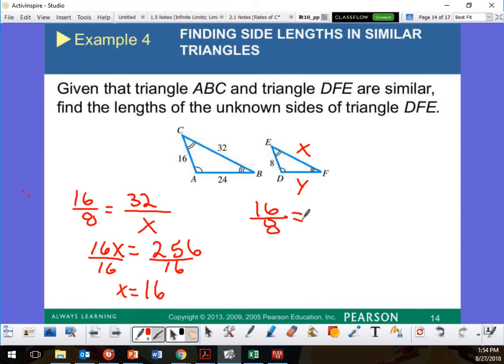Since I only have one other side to set up, how do I do that? 24 over y. 16y equals 24 times 8, which is 192. Divide both sides by 16. Y is 12.